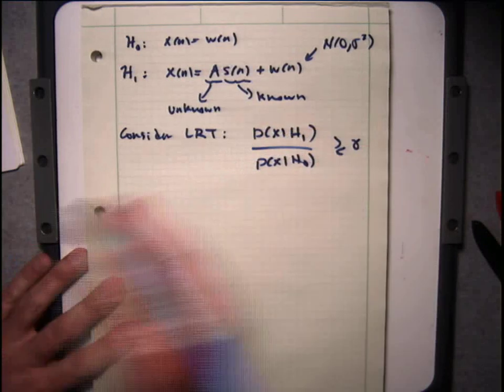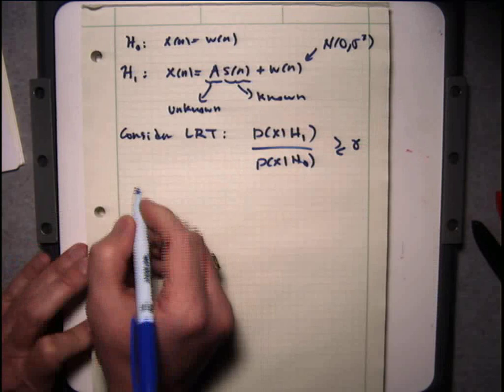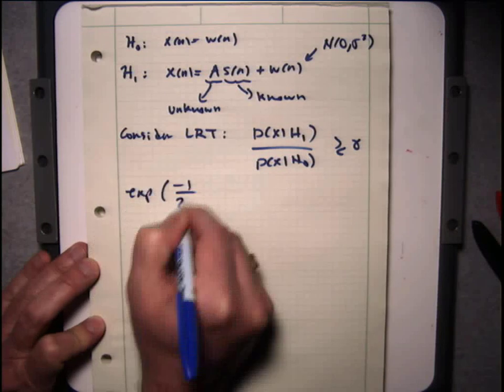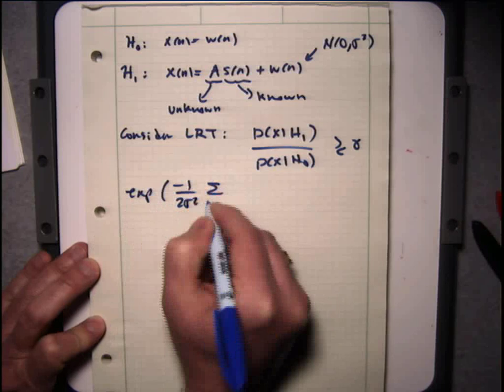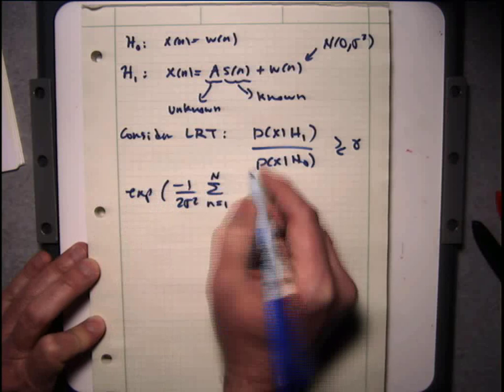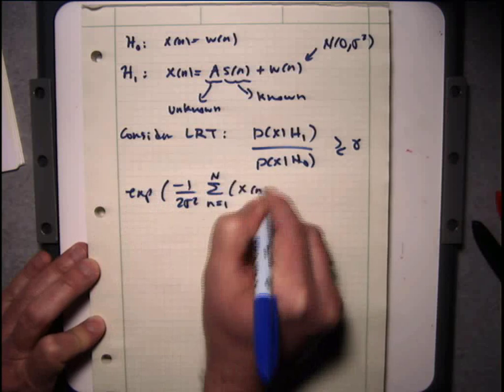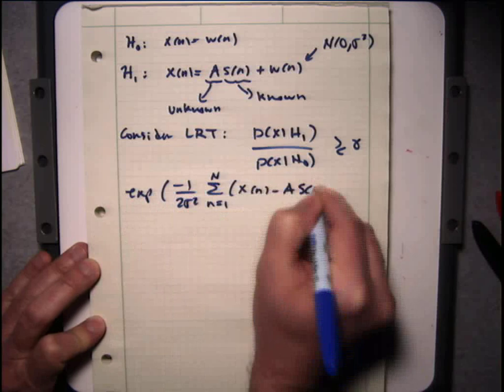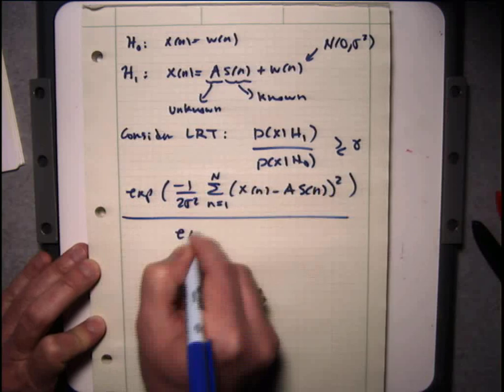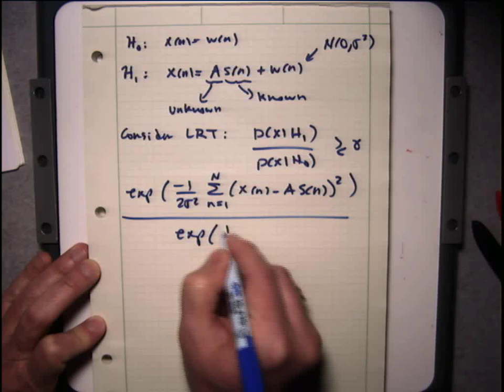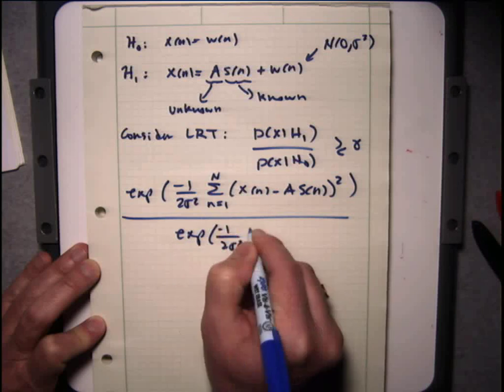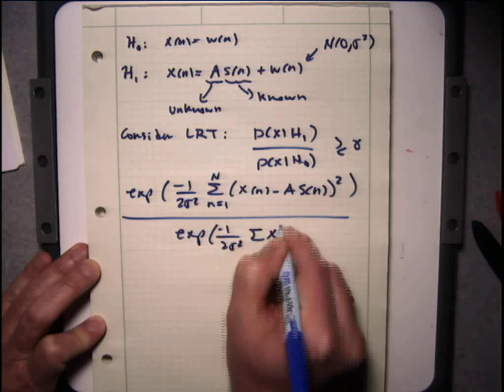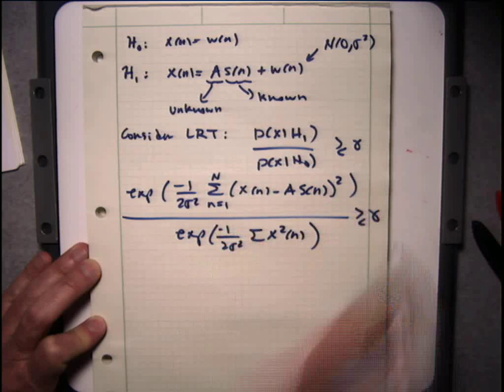If we write this out, we get the exponential of minus 1 over 2 sigma squared times the sum from n equals 1 to N of (x of n minus A s of n) squared, divided by the exponential of minus 1 over 2 sigma squared times the sum of x squared of n, compared to a threshold.